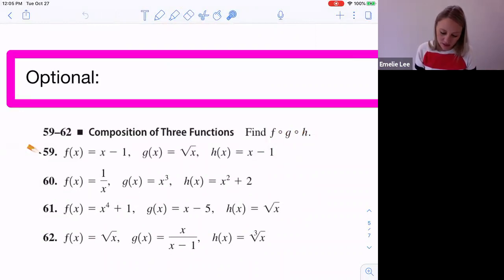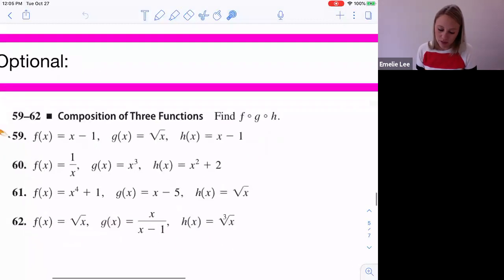And so here, this first one's not so bad, right? X minus 1 goes into the root of X, so you have the root of X minus 1, which goes into X minus 1, so you have the root of X minus 1, all minus 1. Not too bad, but once you get into something weird like this, ugh, no thank you, right? It's optional. Give it a try, but I'm not going to test you on it.